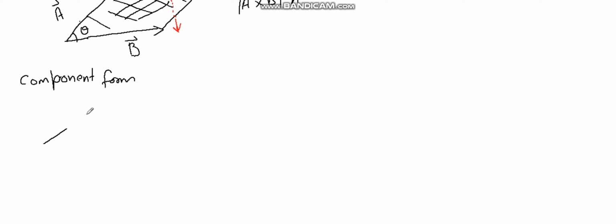A vector A can be written in its component form: Ax in the x cap direction, plus Ay in the y cap direction, and Az in the z cap direction.